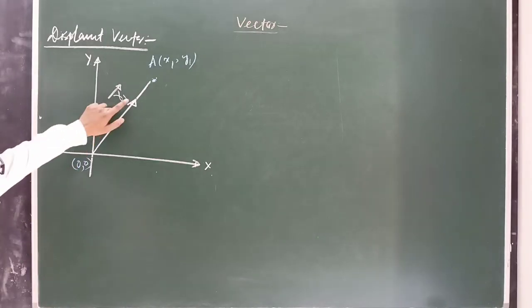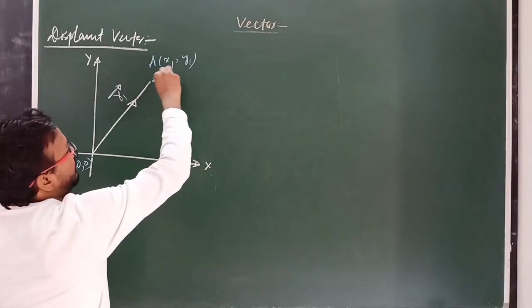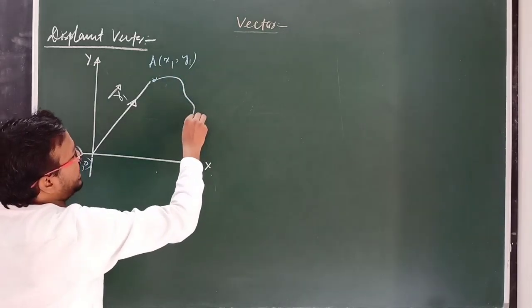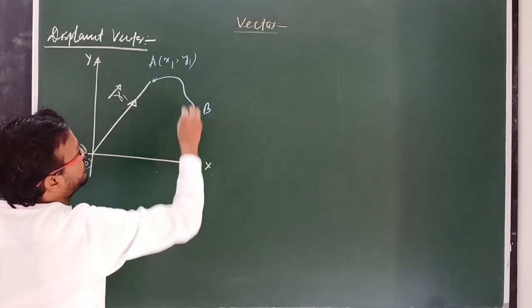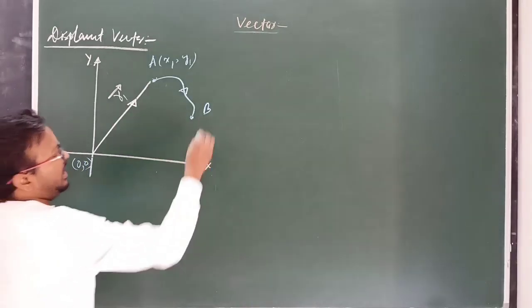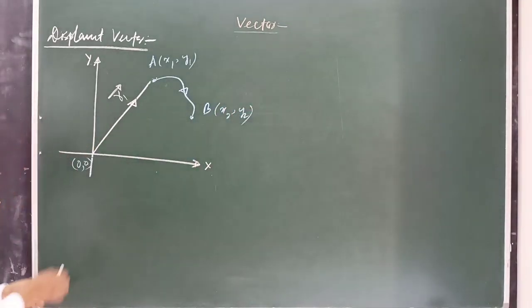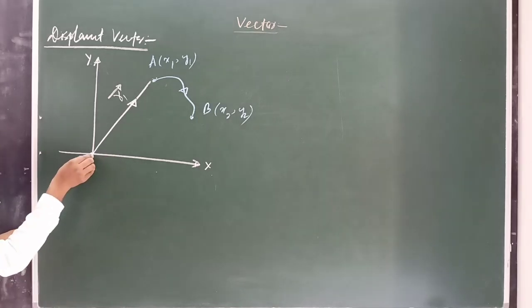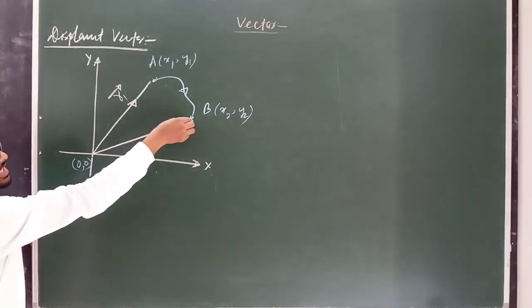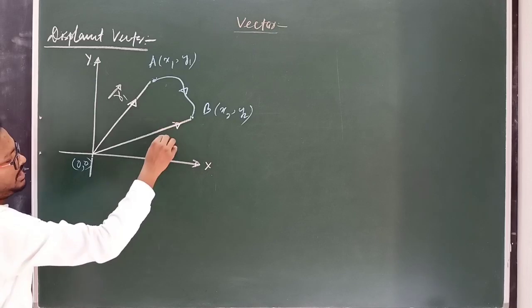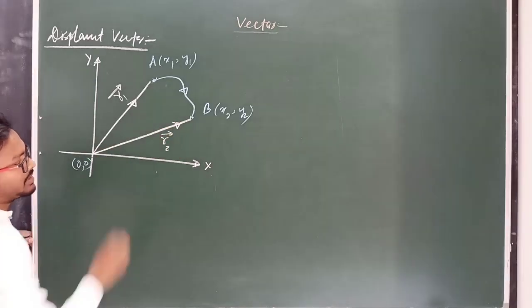Clear? Now the particle moves in this direction and reaches another point B, with position x2, y2. Now we have to draw the position vector here to represent the magnitude and direction of that particle. So this is the position vector, and you can write r2 vector.